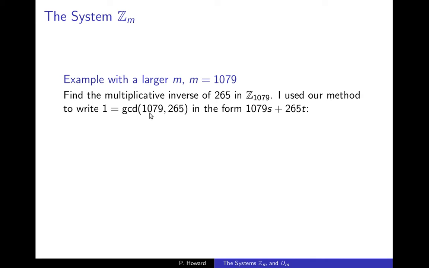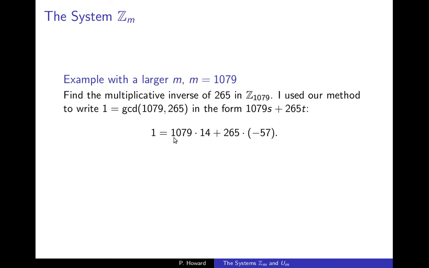I found that the greatest common divisor is 1. And now I'm going to use the Bézout's lemma calculations that we did earlier to write 1 as a linear combination of 1079 and 265. When I did that, I got 14 for the s and minus 57 for the t.